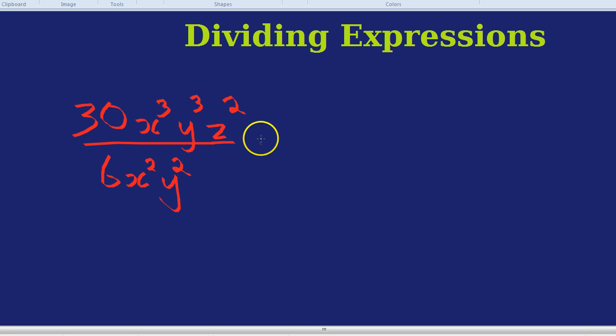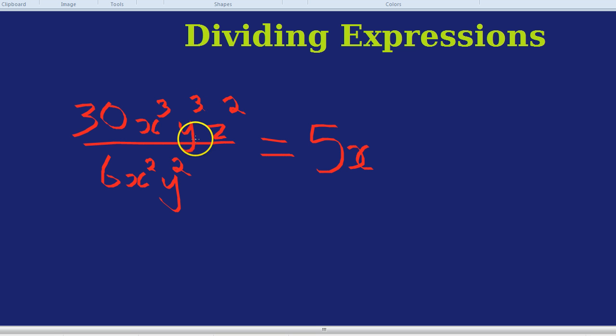So I've made it quite a lot more complicated, but the same idea applies. 30 divided by 6 is 5, so we do the numbers first and we get 5. x cubed divided by x squared is just x, because we have a 3 take away 2 and you're left with x.